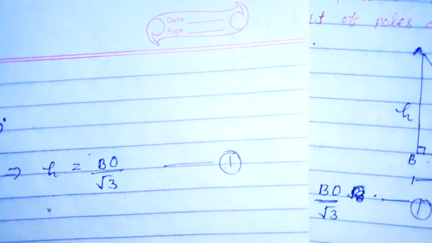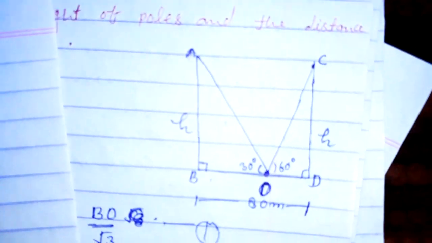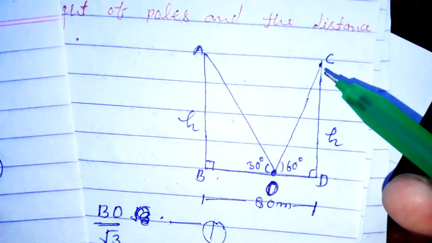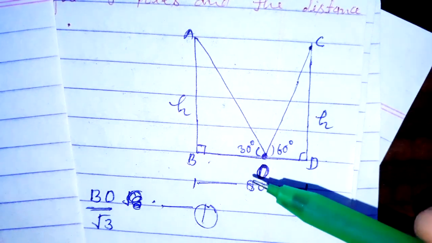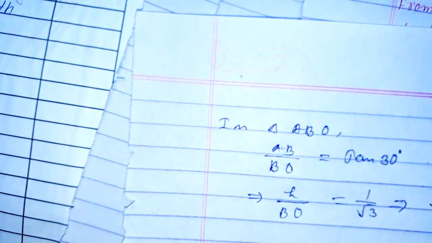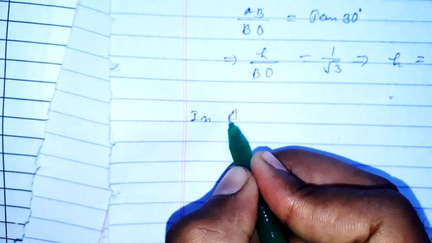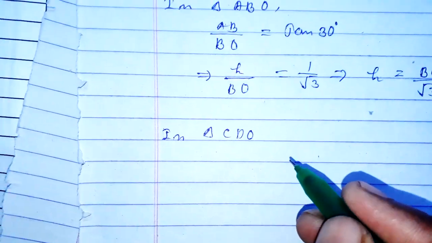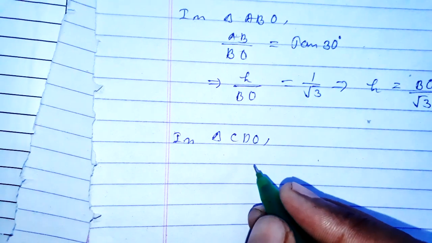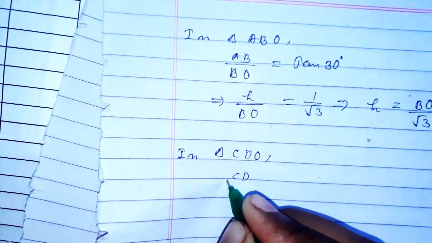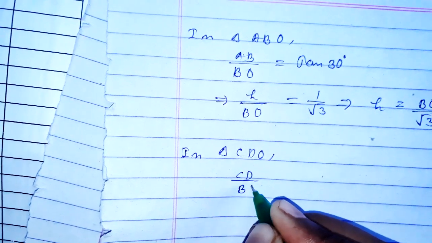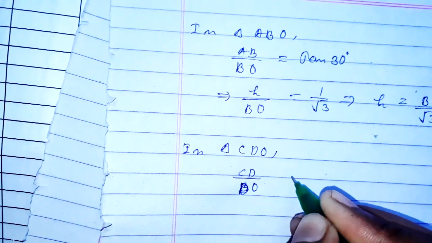Again, in triangle CDO, take the ratio CD upon DO.